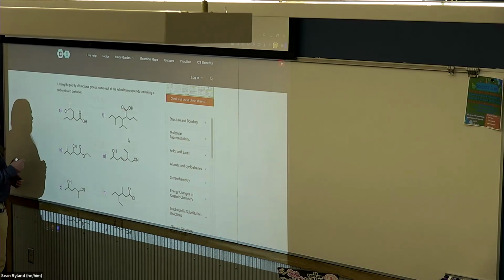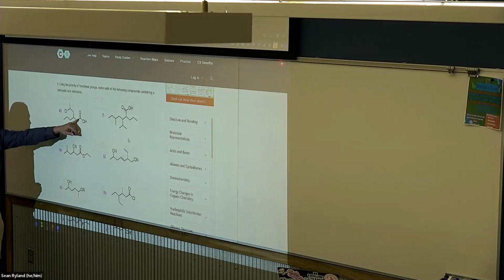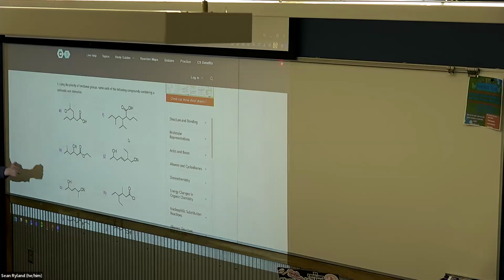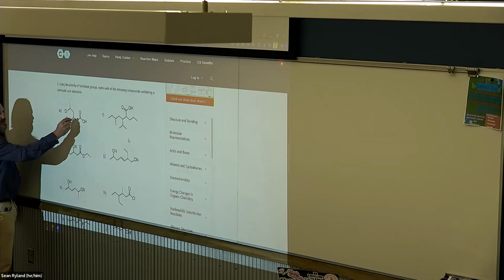So first off, acid. This one we should be good for, right? Because all of these are acid derivatives. We start by naming it as acid, and then we add the weirdness to it. So we know that this is carbon 1. And 1, 2, 3, 4, 5, 6.